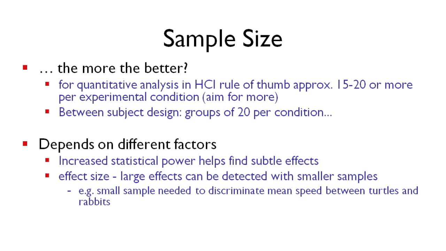I'm still a little bit uncomfortable to come up with those rules of thumb, because they are what they are, rules of thumb. Although as a general guideline, they might be valuable to some extent. So just try to have at least, let's say, 15 to 20 participants per condition.